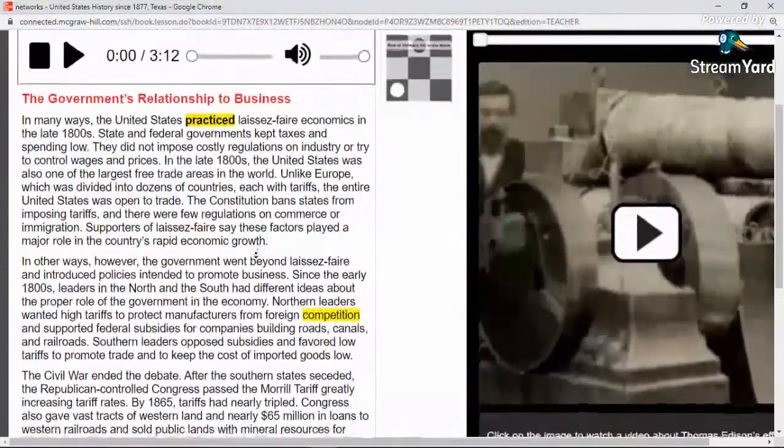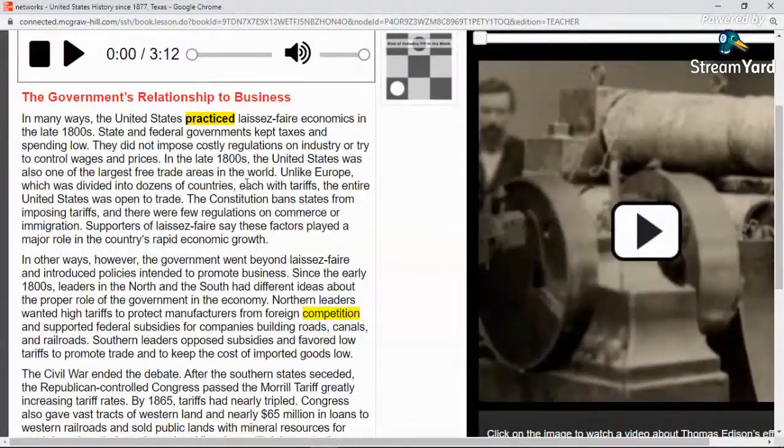So yes, the United States is one of the largest free trade areas in the world too. This is very important. Unlike Europe, which was divided into dozens of countries, each with tariffs, the entire United States was open to trade. The Constitution bans a state from imposing tariffs.